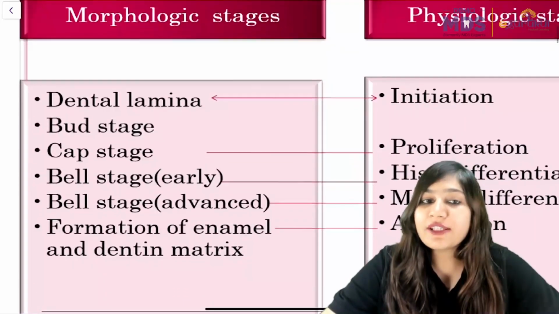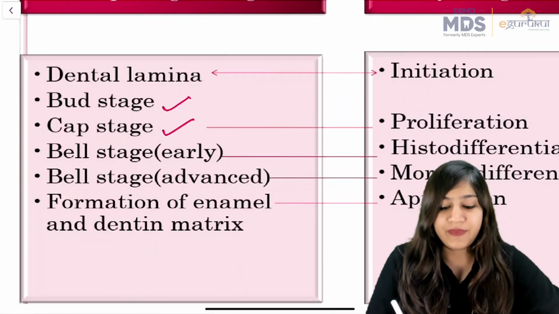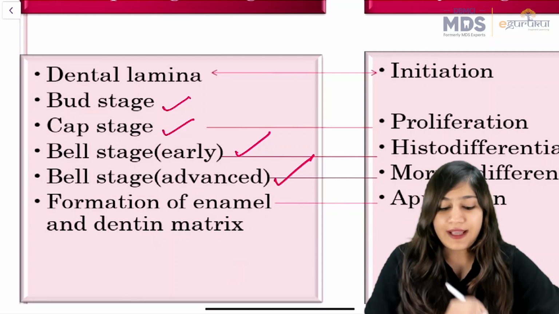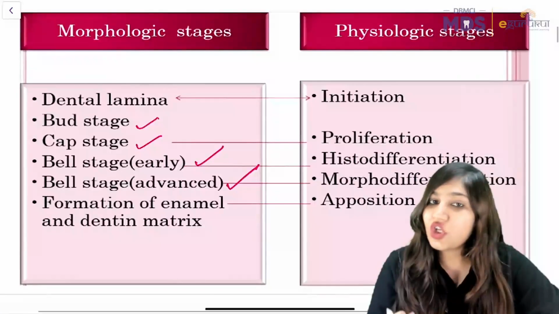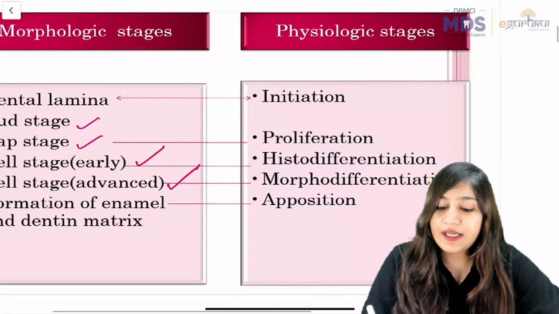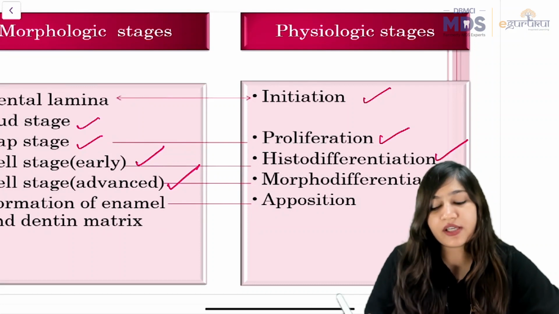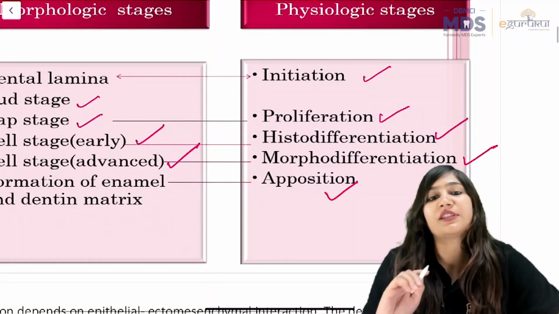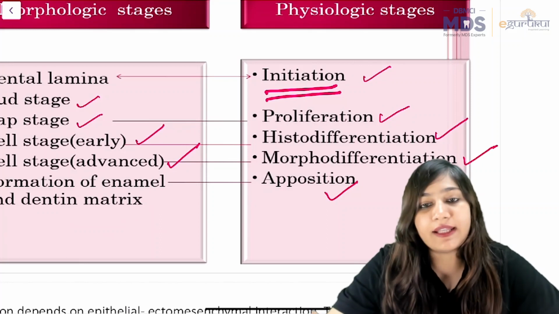Which are the morphologic stages? Bud stage, cap stage, bell stage, early bell stage, or advanced bell stage. While our physiologic stages are initiation, proliferation, histodifferentiation, morphodifferentiation, and apposition.